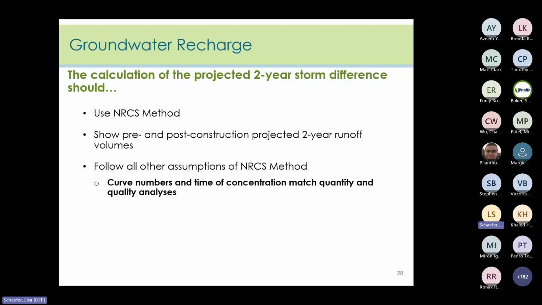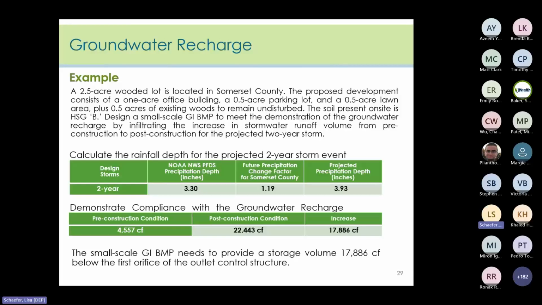So let's just do a really quick example. I'm using the NOAA rainfall depth, and I have the future precipitation change factor. In this case, it's for Somerset County, and we have the depth of the projected 2-year design storm.